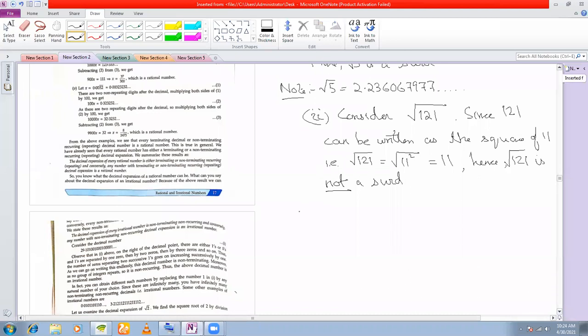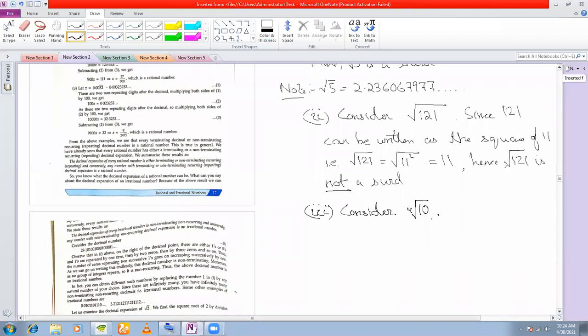And one last example: consider the fourth root of 10. Is the fourth root of 10 a rational or an irrational number?